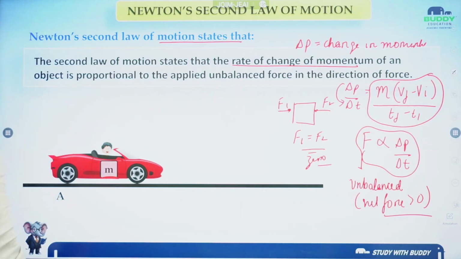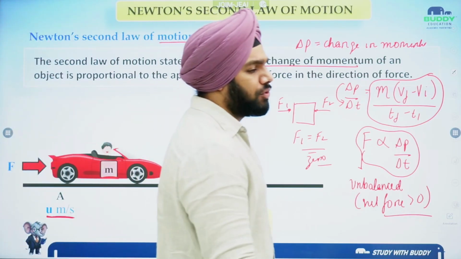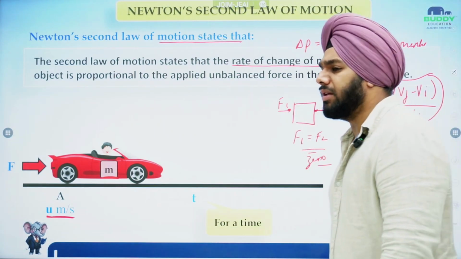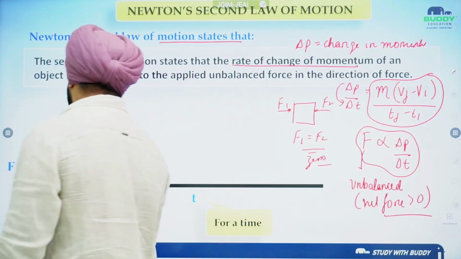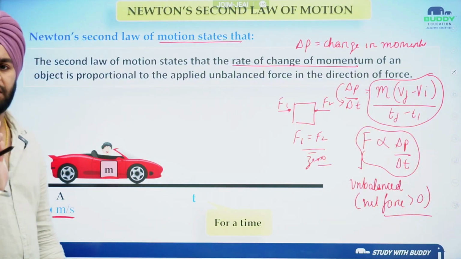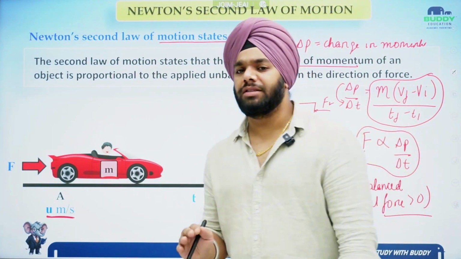Now we have this example. The mass of the car is taken as m here. The initial velocity is u, and at some point we apply some force. That force can be applied by the engine only. That mechanical force can be applied by the engine. There is no need that we are externally applying the force. The external force can be applied by the engine as well.